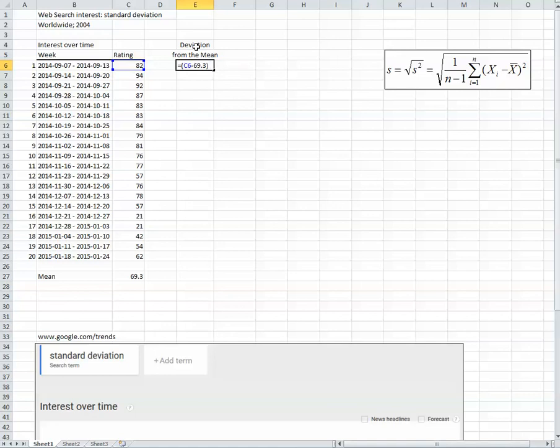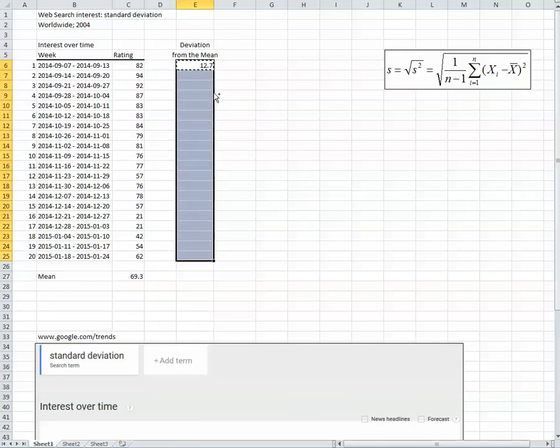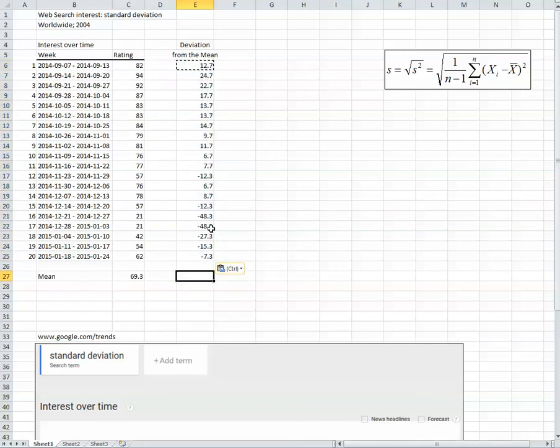So I'm taking the difference between this observation and the mean of 69.3, and I'm going to do that for all 20 observations. These are the deviations from the mean, and as you can see, some of them are positive, some of them are negative, as they have to be. Some weeks were above average, some weeks were below average.